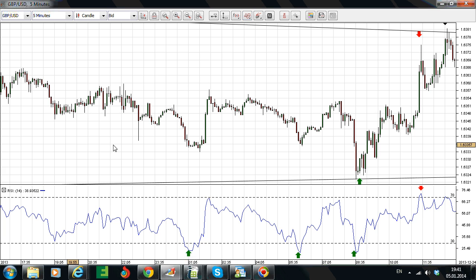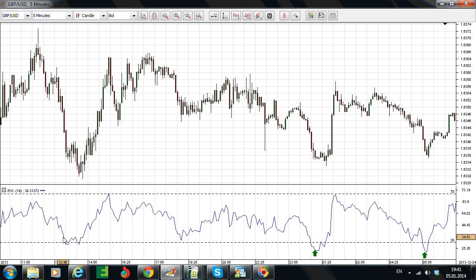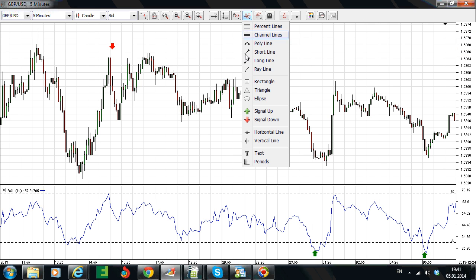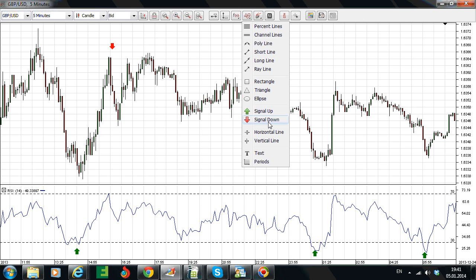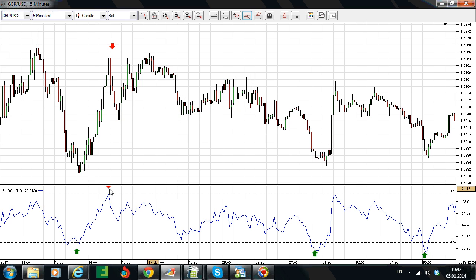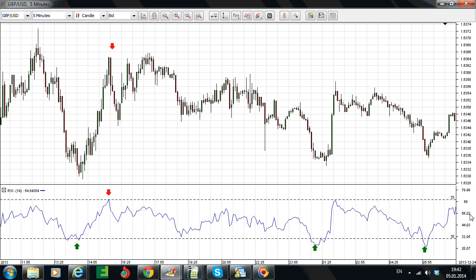So every time price is looking into this area, this is a nice place to buy put options, a nice place to buy call options based on the RSI, overbought and oversold, but only in ranges. Remember, when you identify a range, ideally a contracting triangle, or a bullish or bearish flag.